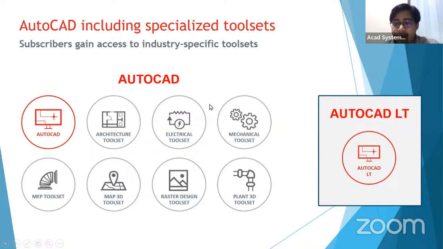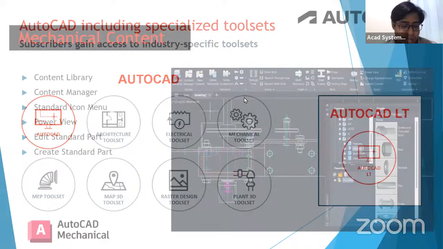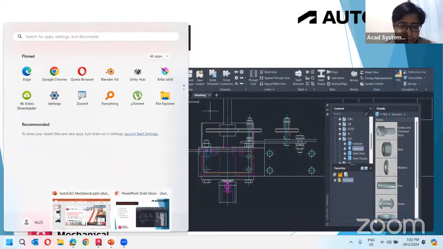Just a reminder, AutoCAD LT is not part of the industry-specific toolsets. If you get AutoCAD LT, you will not get the 7 toolsets. So let's take a look at AutoCAD Mechanical.